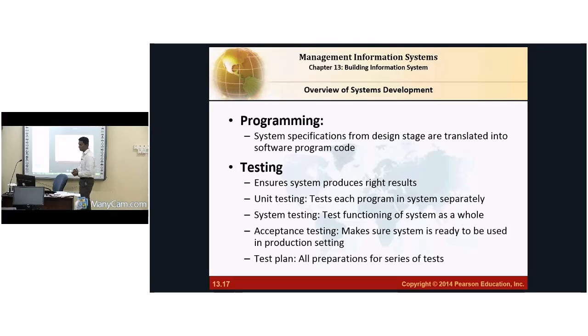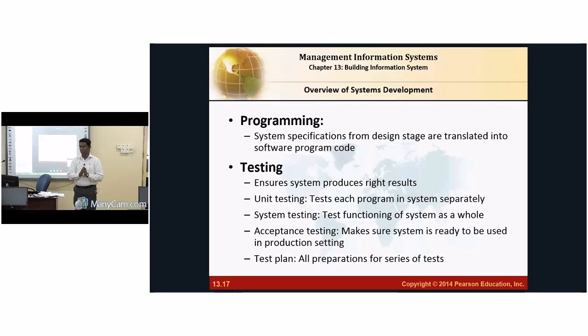And the next one is acceptance testing. At the initial stage you have something called a requirement specification, where you specify that the solution or system should have these functionalities.